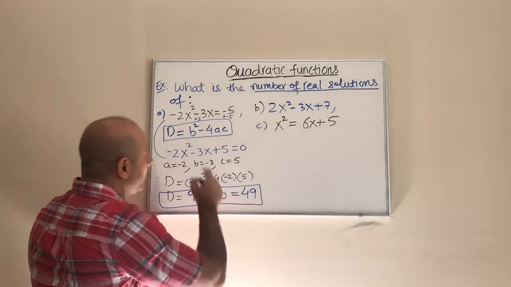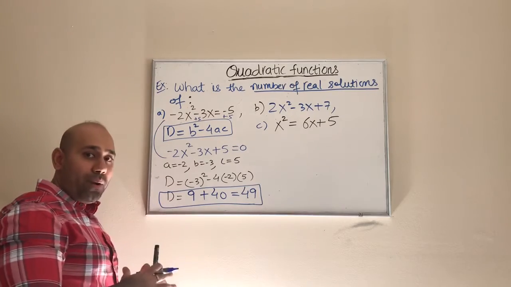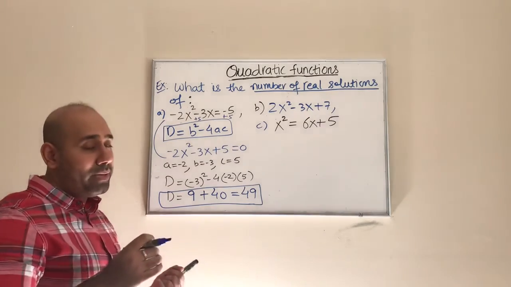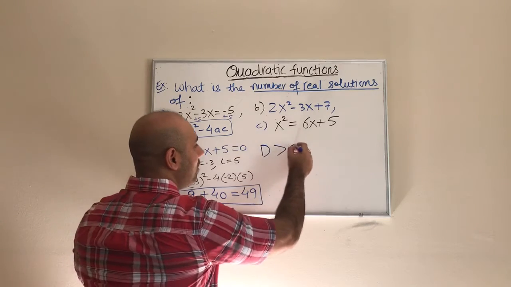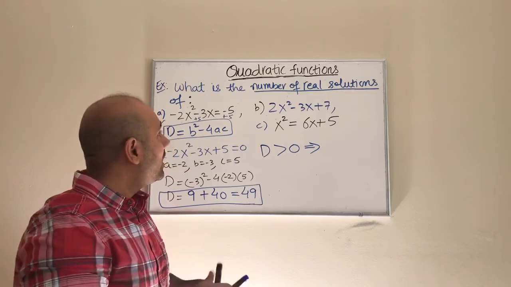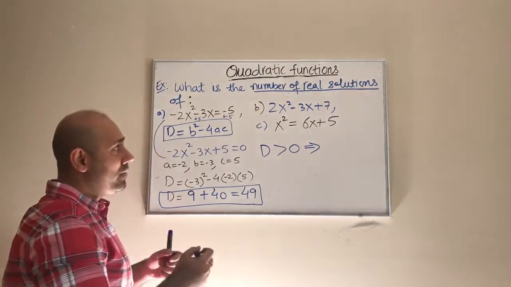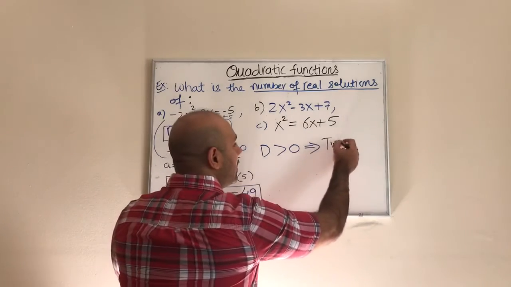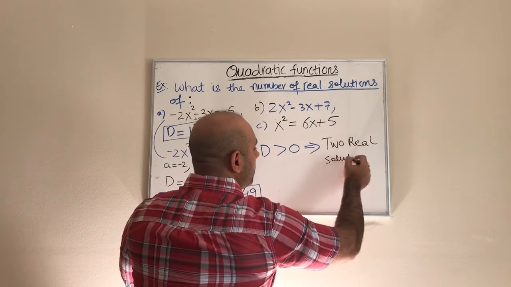So the discriminant for this particular quadratic equation is 49, and we know from our previous video that if the discriminant is greater than 0, the number of real solutions is 2 real solutions.